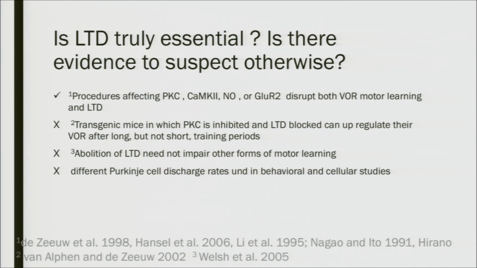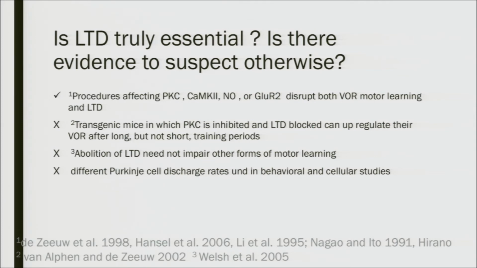So the question arises: why do we study long-term depression so much? Is it not possible for a person to compensate without this? There have been studies which have shown that this is absolutely required, and there have been other studies. These were interesting. When you block the protein kinase and block the long-term depression, the motor learning still happens, but it takes a longer time.